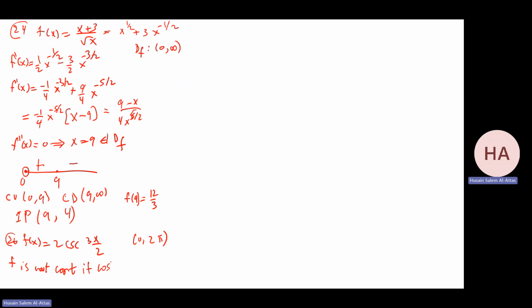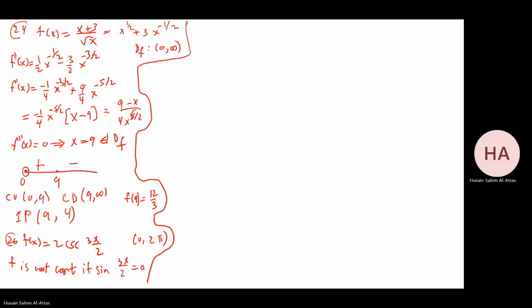Sine, not cosine. Sine of 3x over 2 equals 0. That implies what? That implies 3x over 2 equals n pi, so x equals n pi over 3.